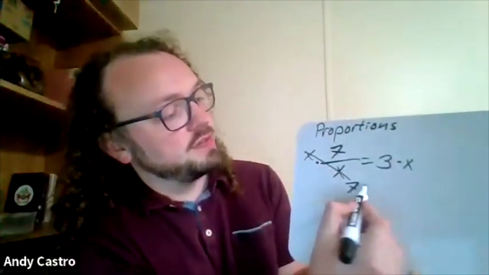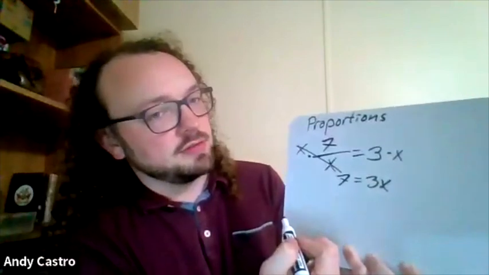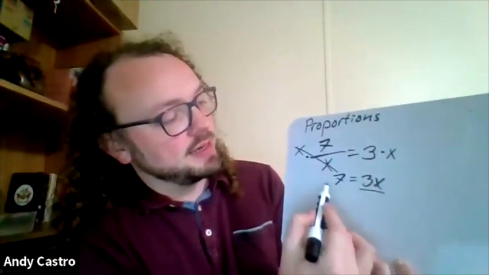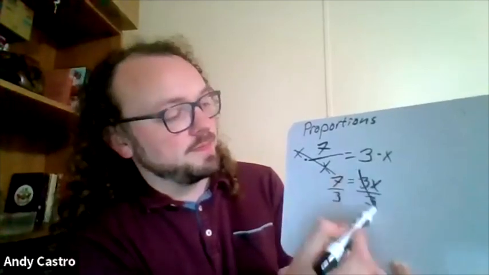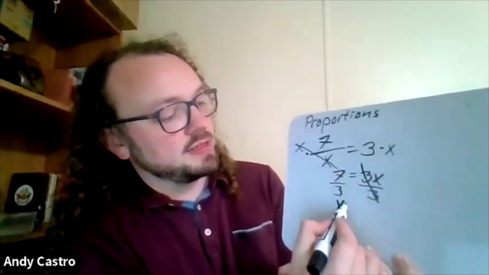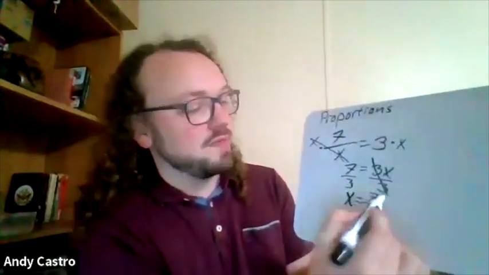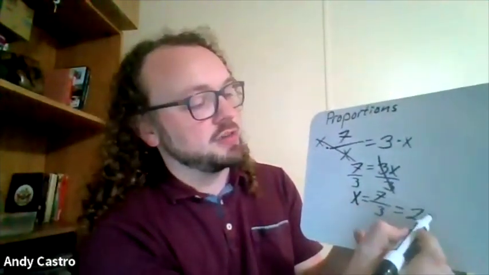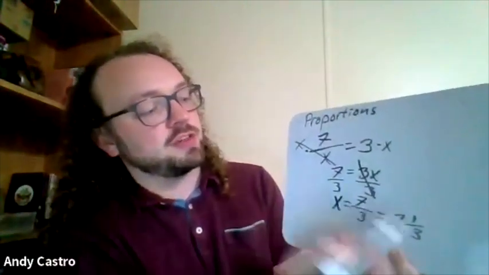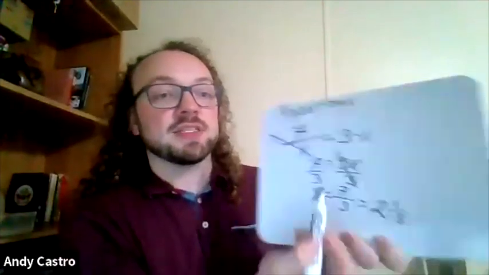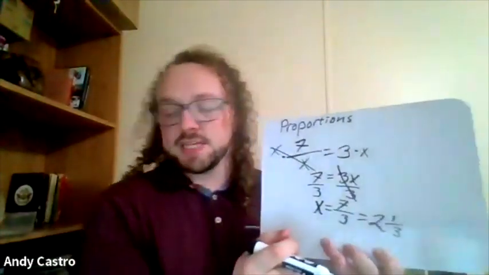Then I have 7 equals 3x. And then to isolate x, all I have to do at this point is divide both sides by 3. I have x equals 7/3, or if you wanted to write that as a mixed fraction, 2 1/3. We can have an improper fraction or a mixed fraction, but these are the same number. 7/3 and 2 1/3 are the same.